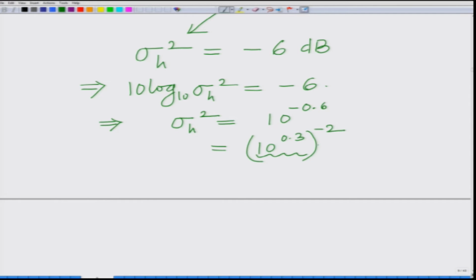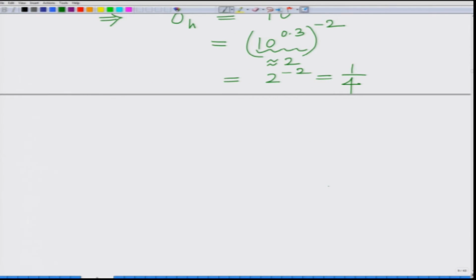We know 10 raised to 0.3 is approximately 2, because 3 dB is approximately 2. So this is 2 raised to the power of minus 2, equals 1 by 4. So sigma h square for each IID channel coefficient of the channel matrix H is 1 by 4. Now, let us look at the noise variance.